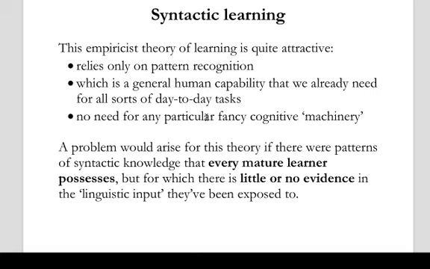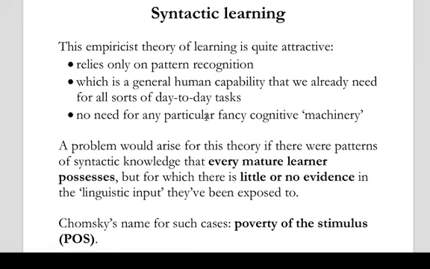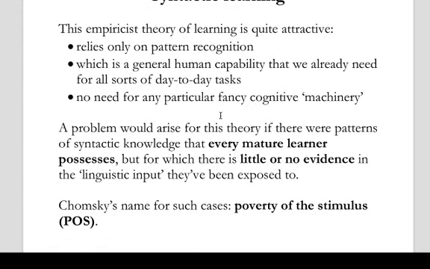This kind of case, of course, I wouldn't be telling you this if there weren't proposals or claims that such cases exist. And in particular, Noam Chomsky claimed that there are many such cases in every language. And his name for the situation is the poverty of the stimulus. What does that mean?